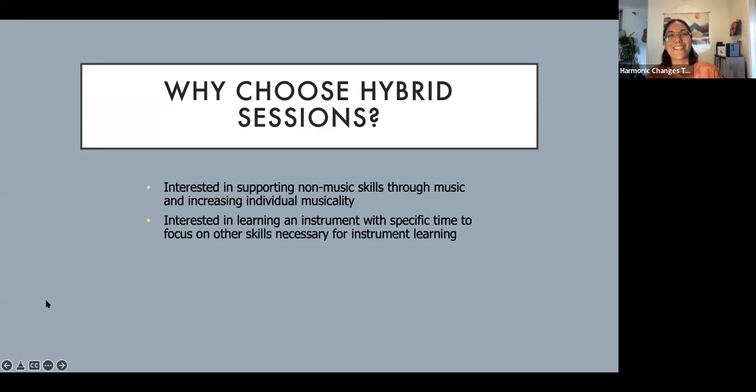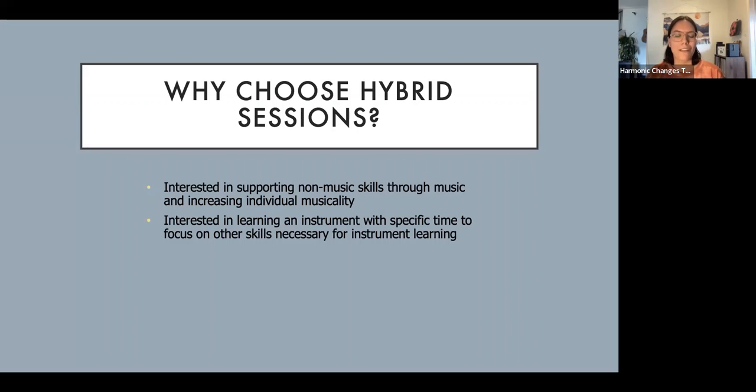And that leads into the hybrid session. So why might you choose a hybrid session? If you're interested in supporting non-musical skills through music and increasing an individual's musicality, that's a great space to be in. The hybrid space is also wonderful if you're interested in learning an instrument with specific time to focus on other necessary skills that you might need or your loved one might need in order to more successfully play that instrument.